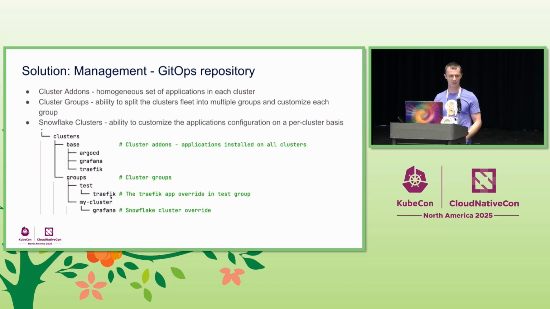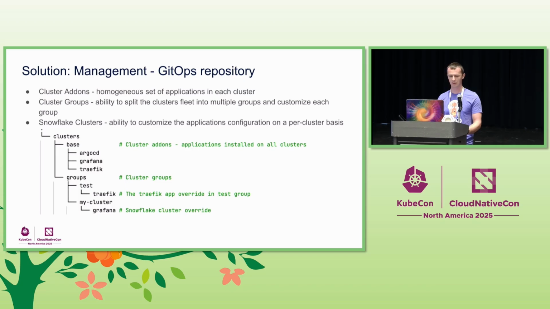And this way, administrators have the ability to create QA, staging, or customer 1, customer 2 groups and manage settings dynamically without connecting to every cluster one by one and updating the settings.